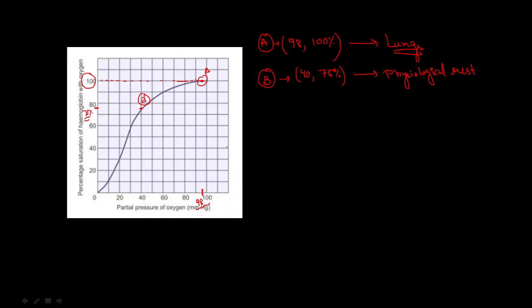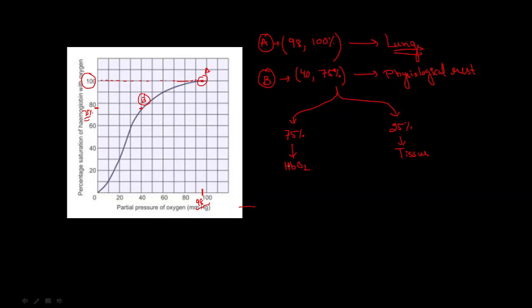In this particular condition, 75% of oxygen remains as oxyhemoglobin in the blood, and only 25% of oxygen will be given to tissues in order to do cellular respiration and ultimately provide some energy.